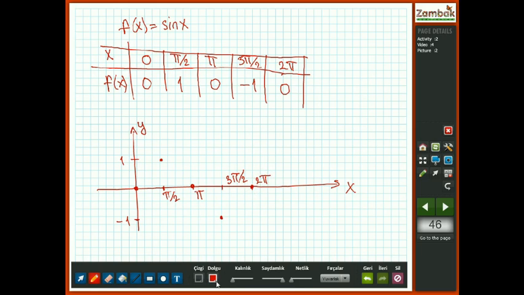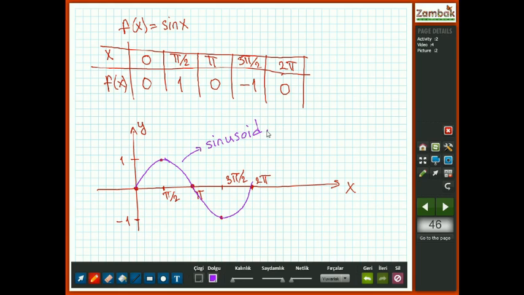Now if we join these points, we will get the graph of the sine function, which is called a sinusoid.